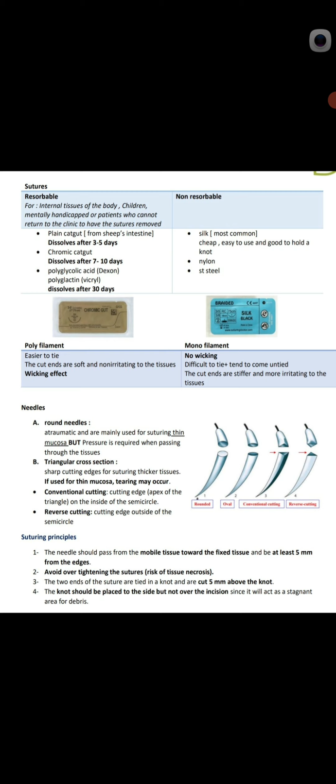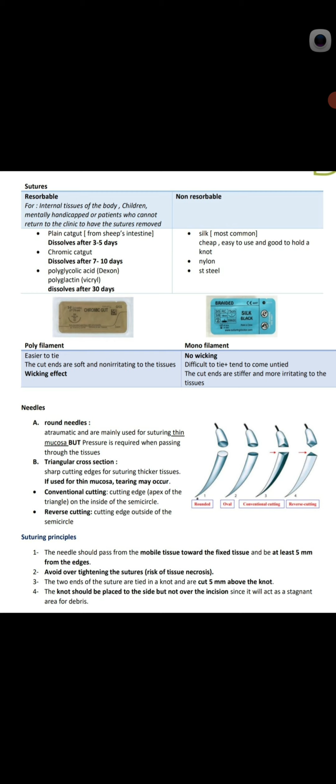Next is polyglycolic acid, which is Dexon, and next is polyglactin, which is Vicryl and dissolves after 30 days. Vicryl is the most commonly used suture in dentistry, meaning oral and maxillofacial surgery in the oral region.